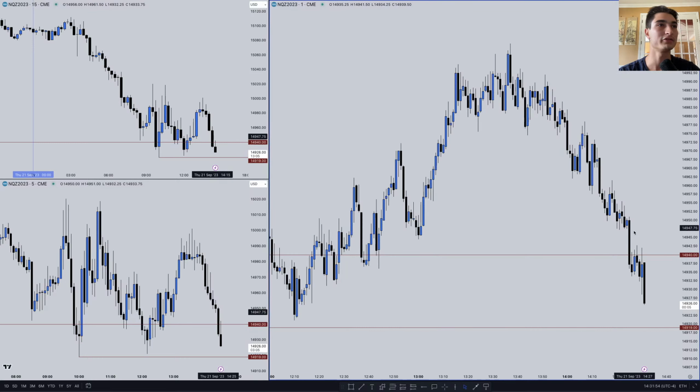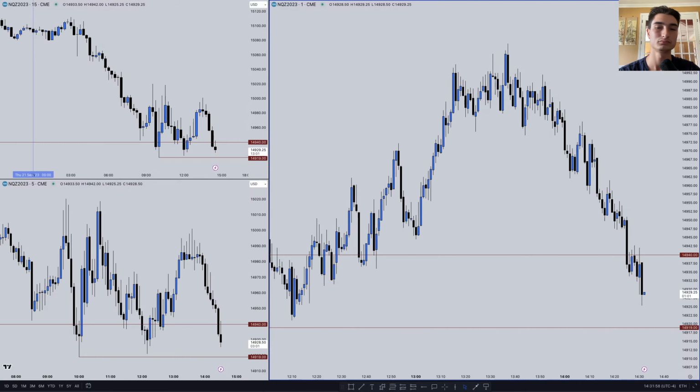Not expecting us to trade and fill in the fair value gap completely. Up close candle here, 1 minute chart. Would want to see some respect to that level and begin accelerating lower.